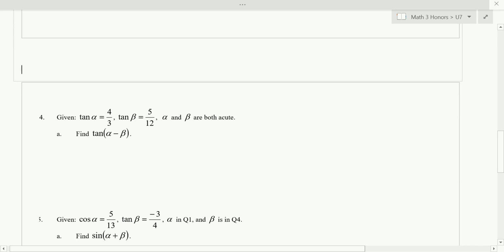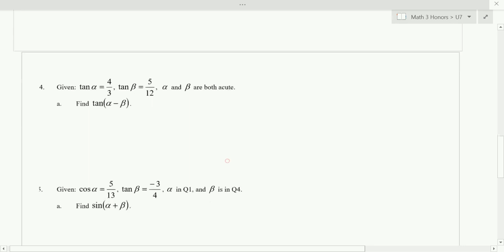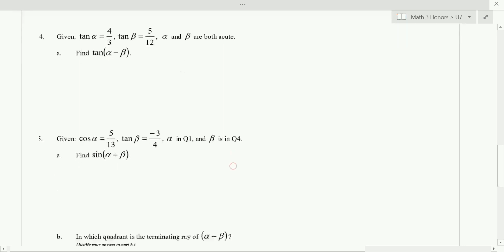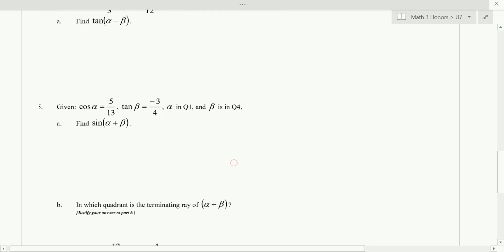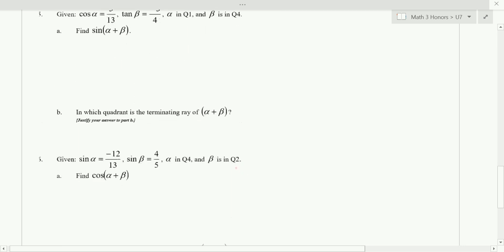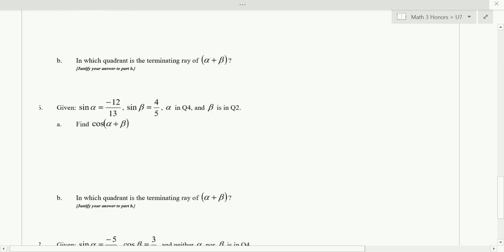Like if I told you the tangent was positive and the cosine was negative, would you know what quadrant you're in? Yeah, so you don't have to have sine and cosine. You can have tangent and one other as well. So that's all I'm saying. And so 5 is very similar. You got to have your explanation, same as 6, and same as 7.